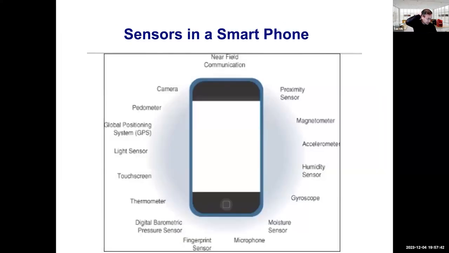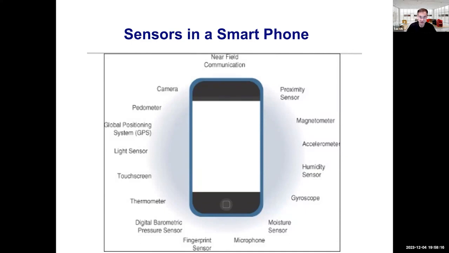When you look at sensors and smart cameras, now I have an iPhone, and a lot of you have Android, probably a Samsung Galaxy. It already comes with a lot of sensors, right? It has a camera, fundamentally, a touch screen, a thermometer, a GPS. It can also detect your location.